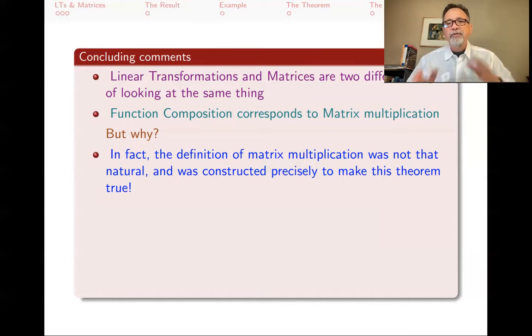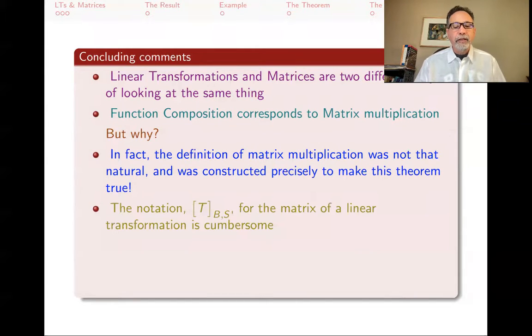In fact, if you go back to the video where we introduced matrix multiplication and look at the examples that we used to motivate why matrix multiplication was defined the way it was, they were all about function compositions. I didn't use that language in those videos because we hadn't talked about linear transformations yet. But if you go and look at them, they were really linear transformations that we were trying to compose, and used as motivation for why matrix multiplication is defined the way it is.